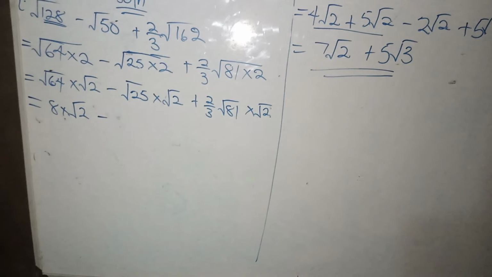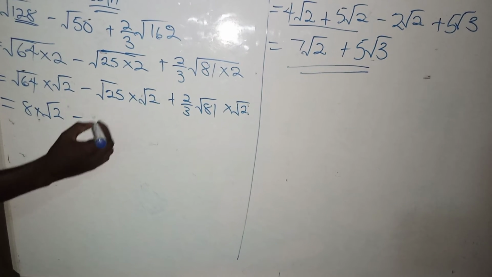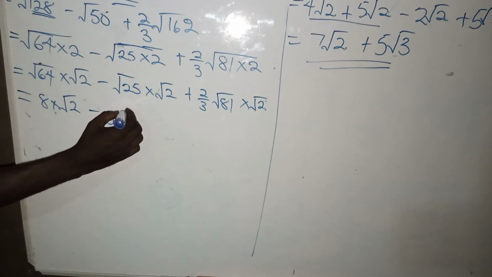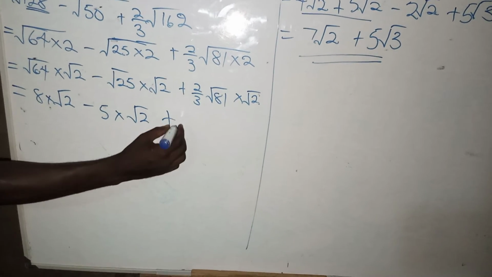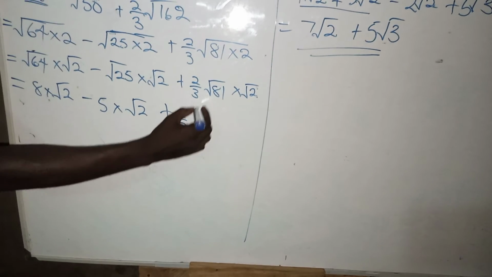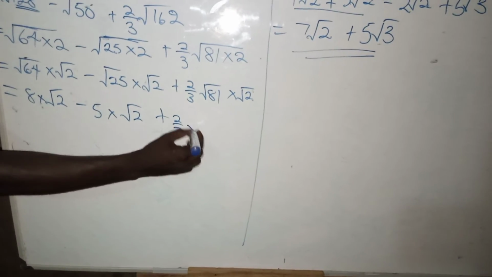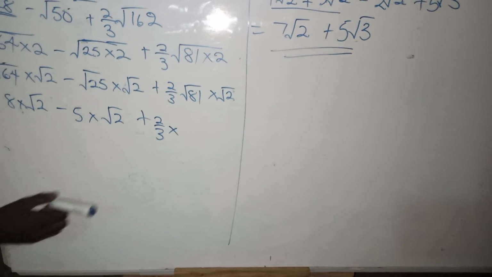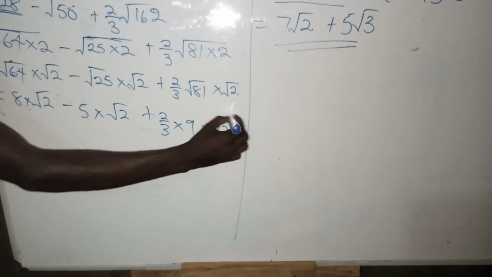Then the next one is a perfect square, which is 5 times root 2, plus 2 over 3, and then root 81, a perfect square, which is 9 times root 2.